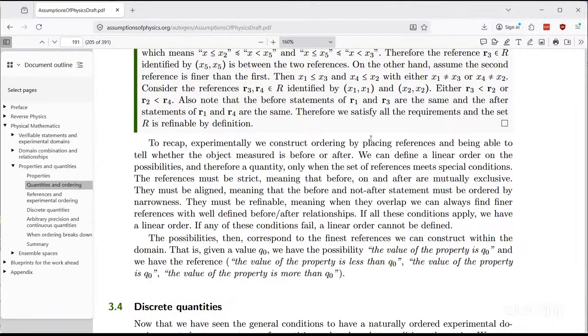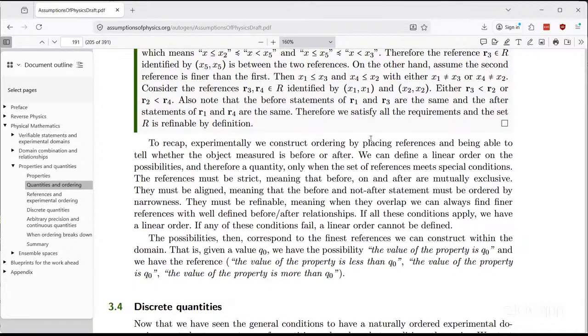They must be aligned, meaning that the before and not after statements must be ordered by narrowness. They must be refinable, meaning when they overlap, we can always find finer references with well-defined before-after relationships. If all these conditions apply, we have a linear order. If any of these conditions fail, a linear order cannot be defined.